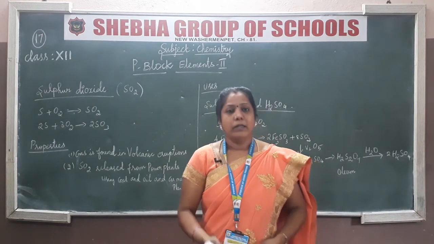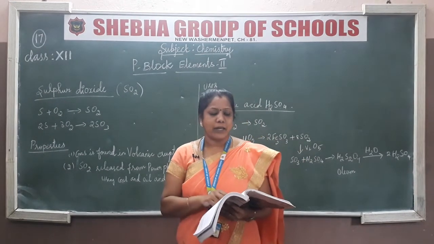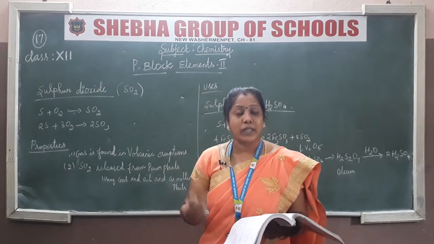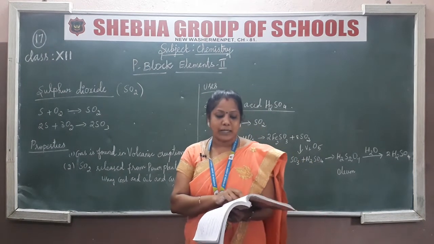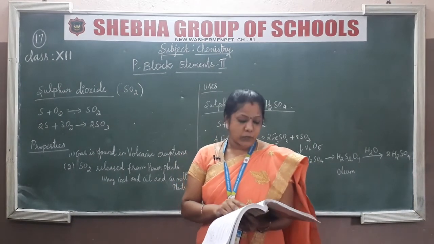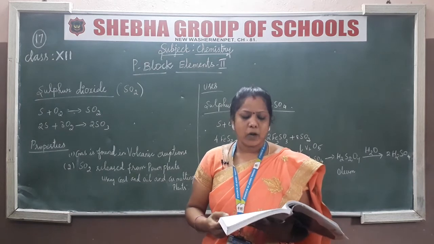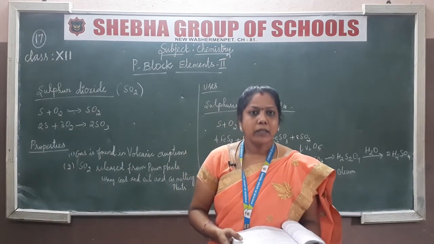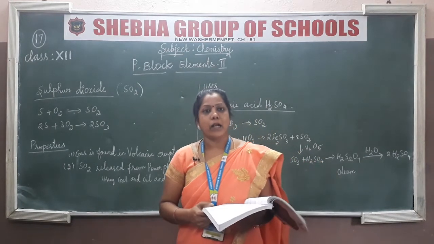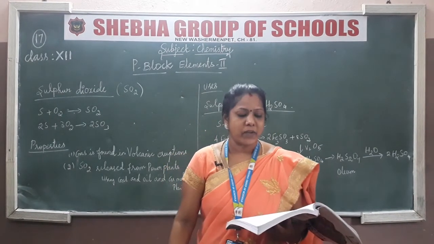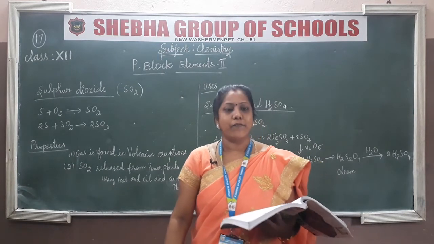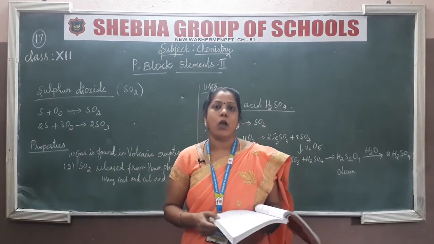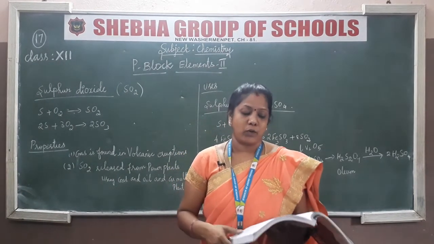And then there are many properties: the reducing property, the reactions with oxygen, and the bleaching action of sulfur dioxide as well. From your books, I am going to read out a few things. For the reducing property, sulfur dioxide reacts with water along with chlorine, and we get H2SO4, that is sulfuric acid, and along with it HCl, hydrochloric acid.